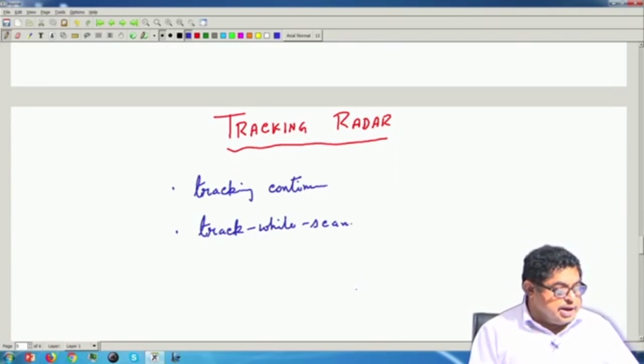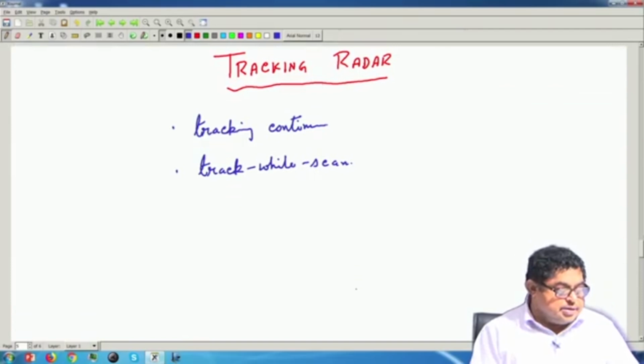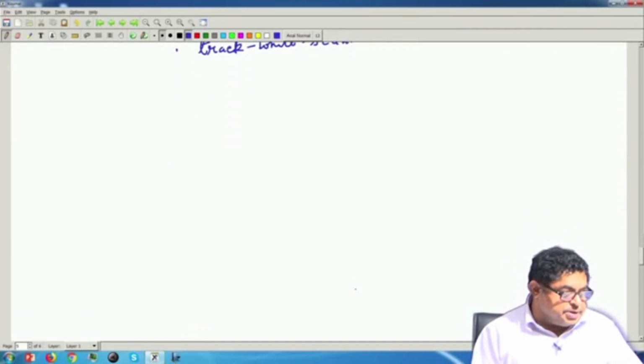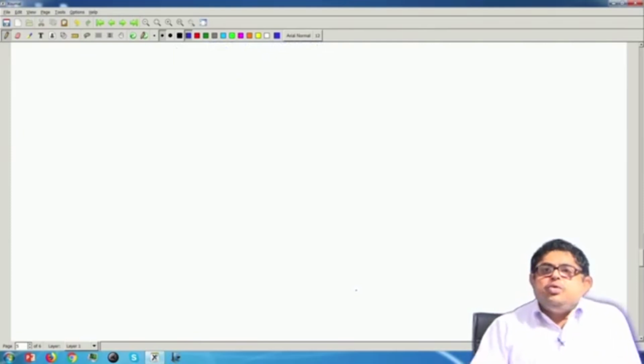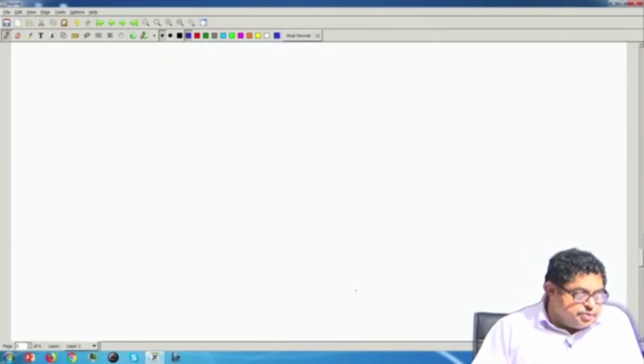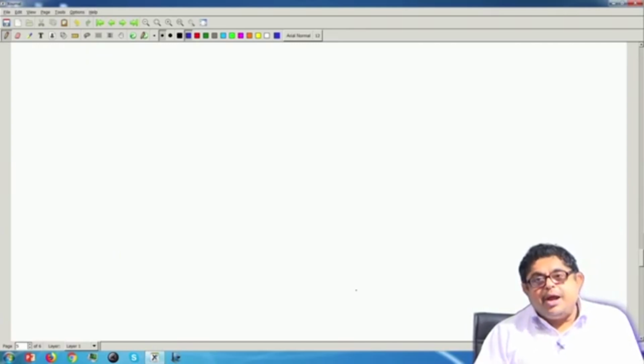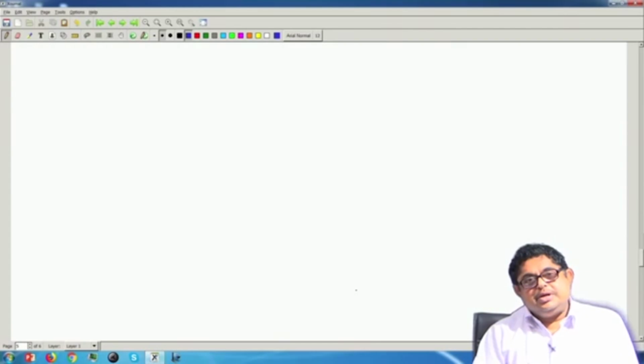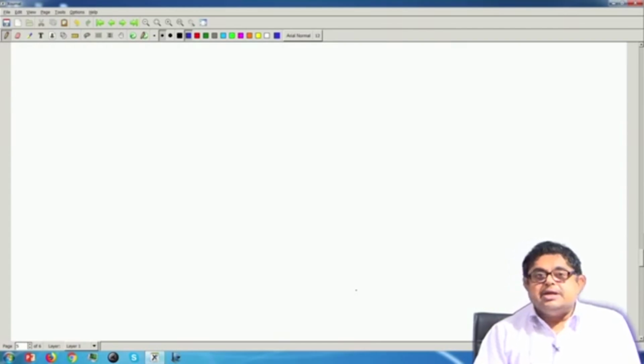Technically, tracking means tracking the angles of azimuth and elevation precisely. Now, tracking could have been in range also, tracking could have been in Doppler also, but usually the tracking radar uses the tracking in azimuth and elevation.